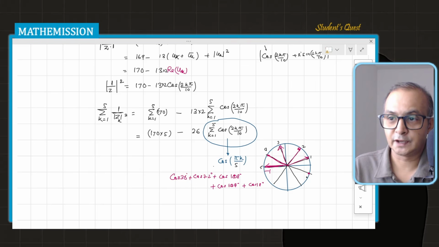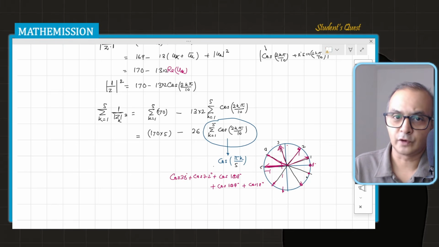So this conjugate is here, this conjugate is here, and this conjugate is here. In this way we are forming all 10 roots, and the first one is here: 1, 2, 3, 4, and again their conjugates, 1, 2, 3, 4.